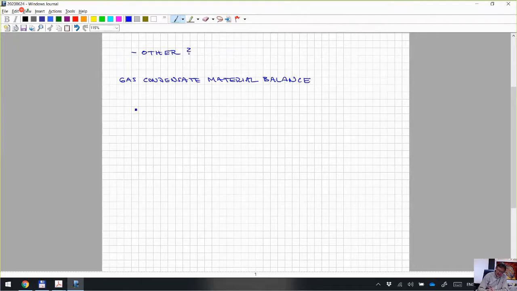So if you look at any reservoir engineering textbook, Dake, Craft and Hawkins, what I grew up with, Amyx, Bass and Whiting, probably any of them, you're going to find many different material balance equations written like this. The simplest being what we looked at yesterday, the so-called straight line dry gas material balance.